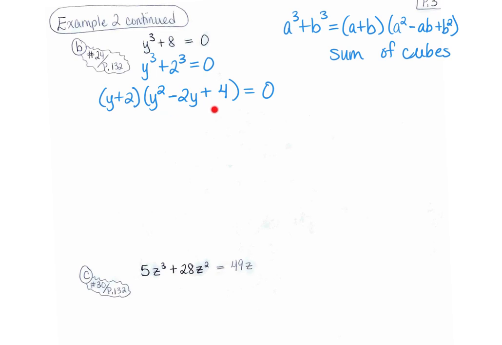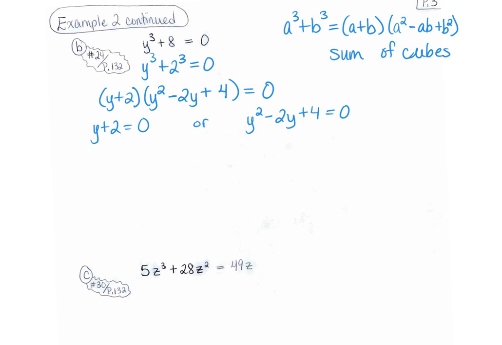So I'm saying here we can solve this. So let's pause. This means y plus 2 equals 0, or it means y squared minus 2y plus 4 equals 0. We can write it out so we can all be together.